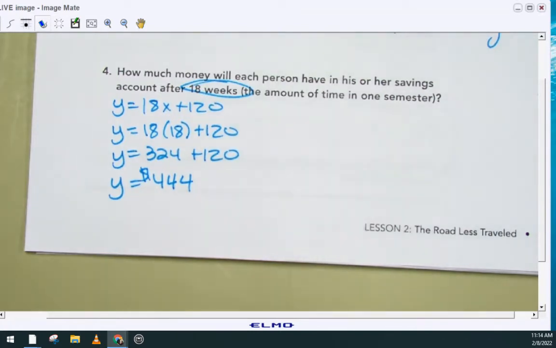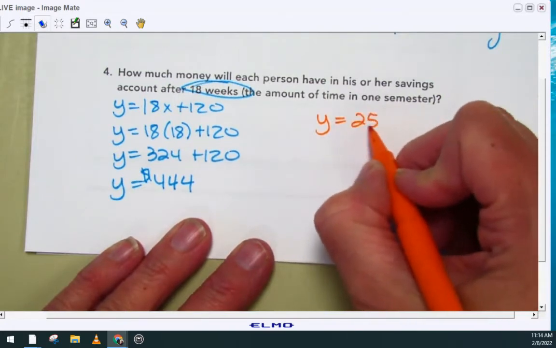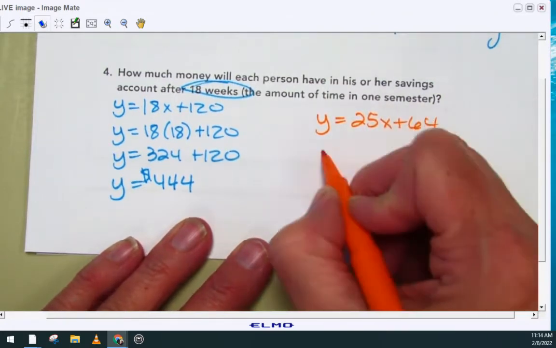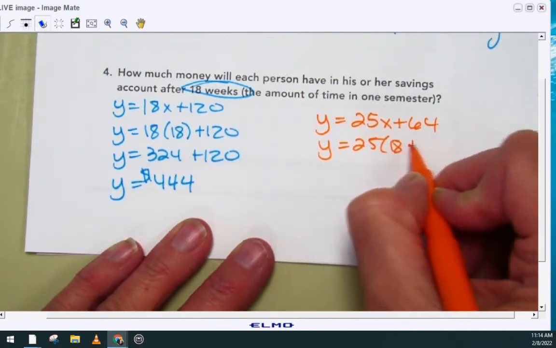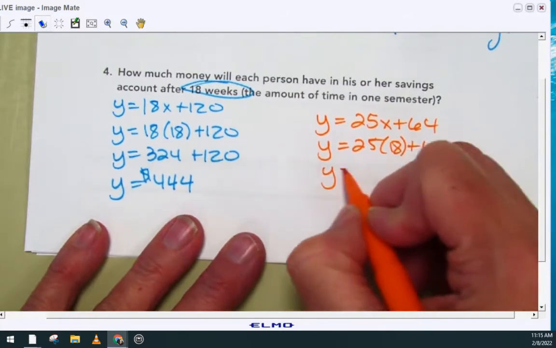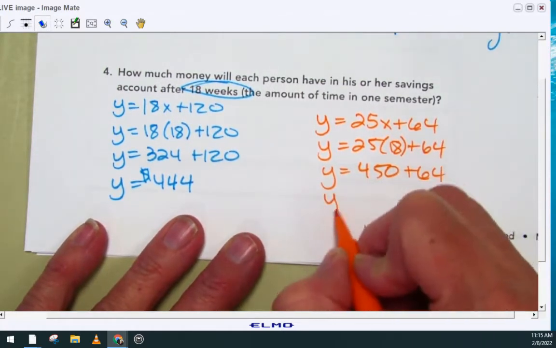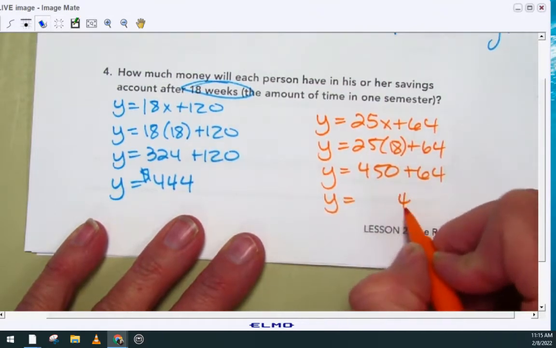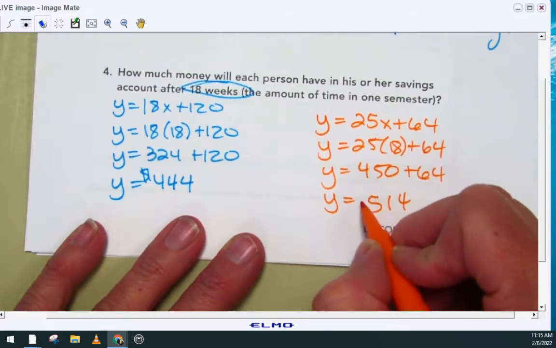Then I take 25x plus 64. So y equals 25 times 18 plus 64. And I get 450 plus 64. That would be 514.